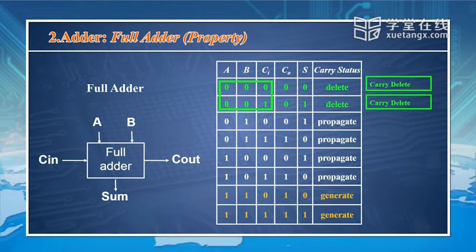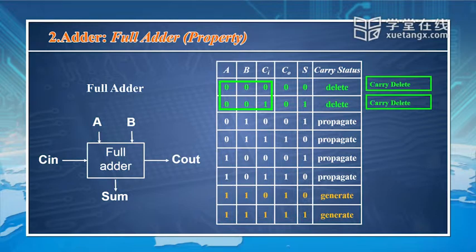So you can see if the input A equals 0 and B equals 0 at the same time, no matter the Ci equals 0 or 1, the C output, I mean the CO, is always equal to 0, right? So in other words, if A and B are both equal to 0, then C out is definitely equal to 0, no matter Ci equals 0 or Ci equals 1.